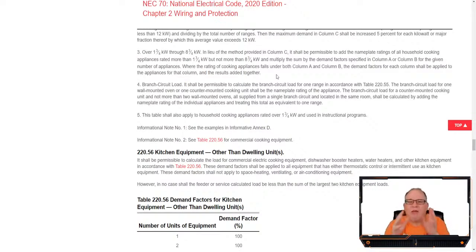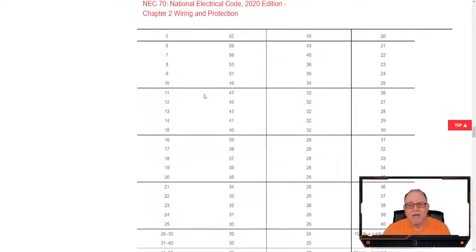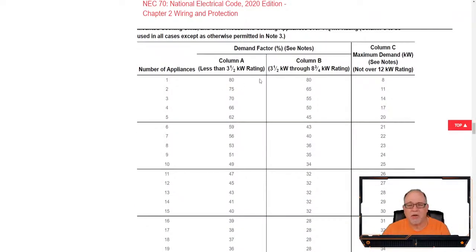So if they fall within over 1 3/4 and not more than 8 3/4, then this note can be utilized. Basically what you do is you take the nameplate ratings of the household cooking appliances that are rated more than 1 3/4, but not more than 8 3/4, and multiply the sum by the demand factor specified in column A or column B. So if your cooking unit falls in A and you only had one, you would take the nameplate, multiply it by 80%, and that's your value.